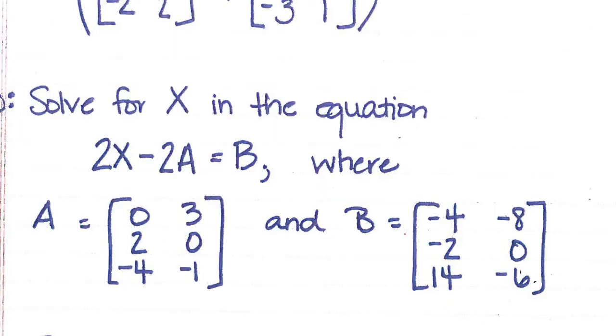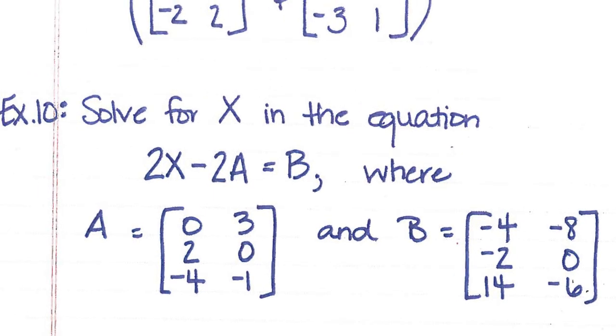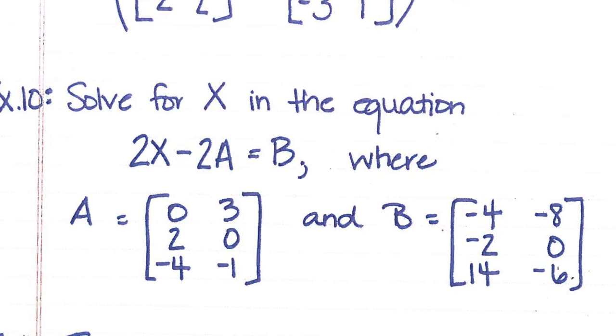All right, the last thing that I'm going to go over is example 10. It says solve for x in the equation where 2 times x minus 2 times A is equal to B. So we did this in class.